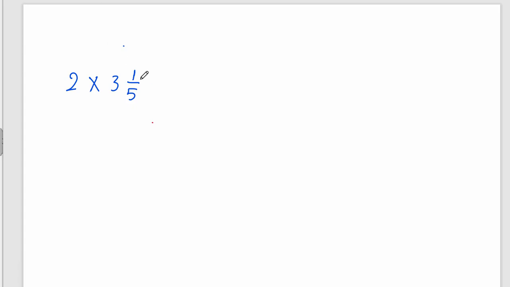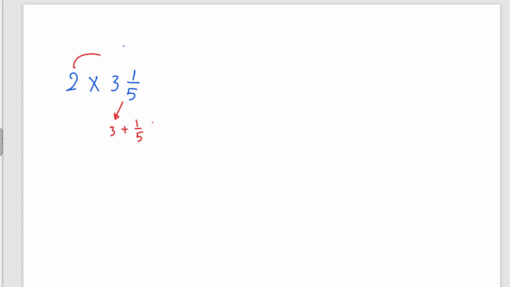And the mixed number 3 and 1/5, we can deal with it in two ways. The first way is by remembering that the 3 and 1/5 is 3 plus 1/5.